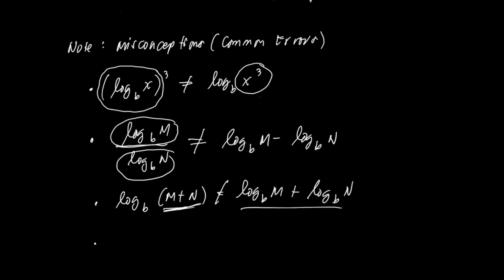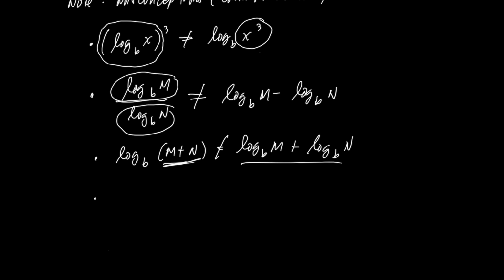Last one, common misconception, the log to the base b of m to the power of p is not equivalent to p log to the base b of m. Okay, here, you are getting the power p of the entire log base b of m.